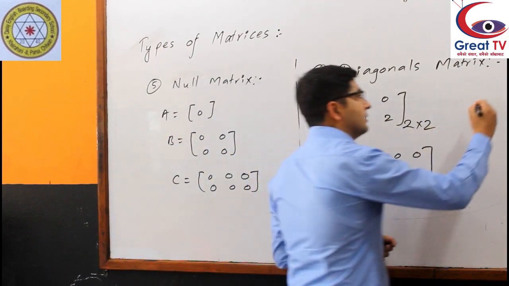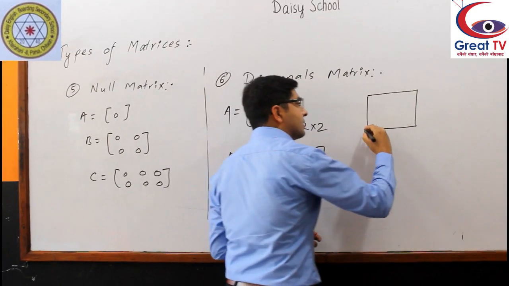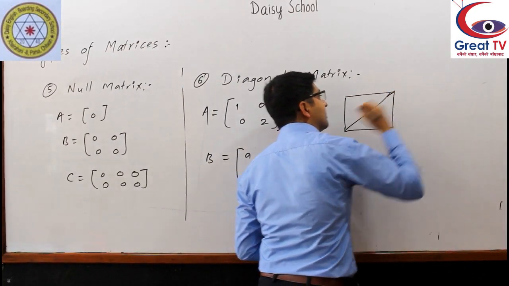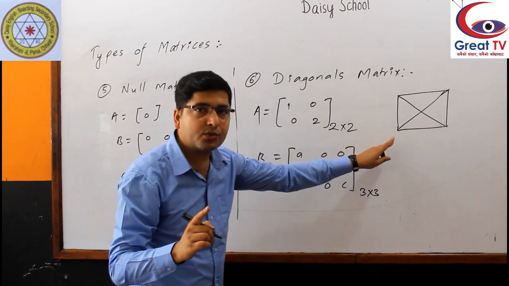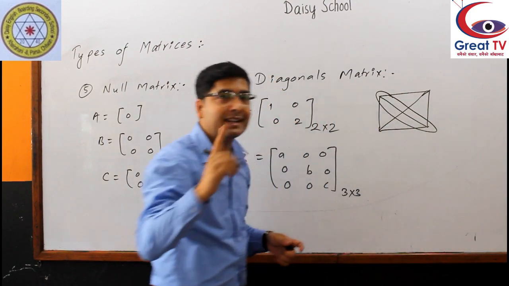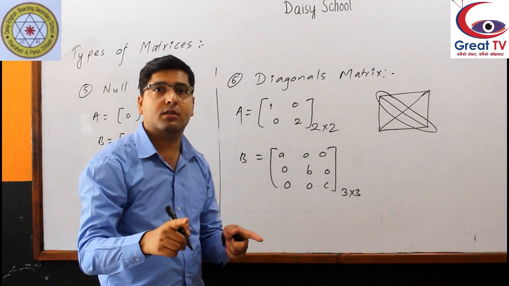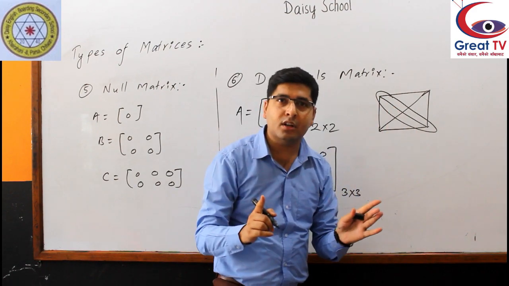In a square, we have two diagonals. First diagonal this, then second one is this. In this square, this diagonal is known as main diagonal or leading diagonal.